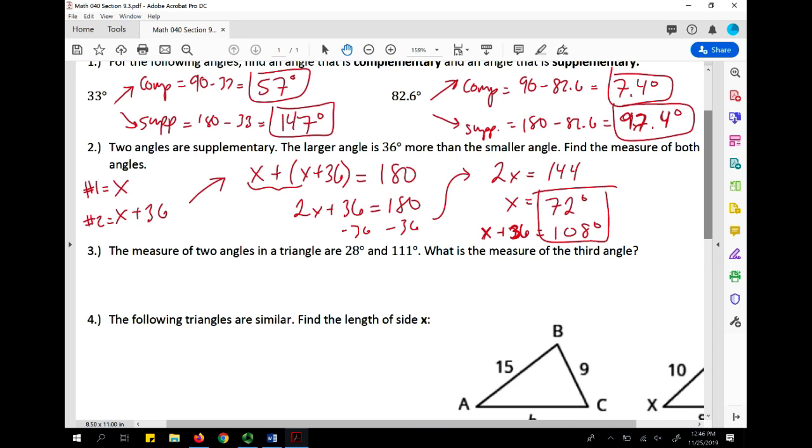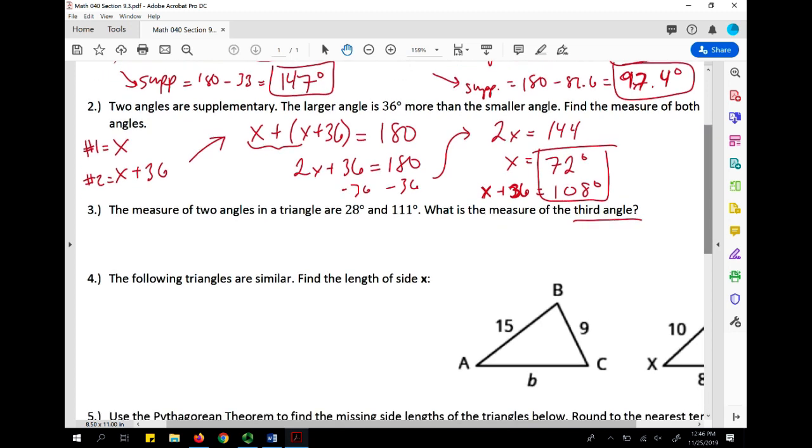Okay. What about angles in triangles? What do they have to add up to? All the angles in a triangle have to add up to? Also 180. I don't have any extras of this one, sorry. And so then we have a 28 degree angle and a 111 degree angle, and then there should be some third angle that we don't know, but they should add up to 180.